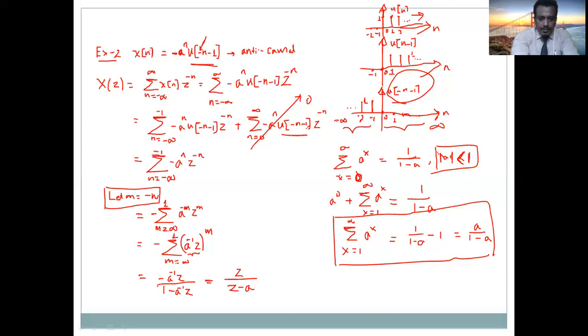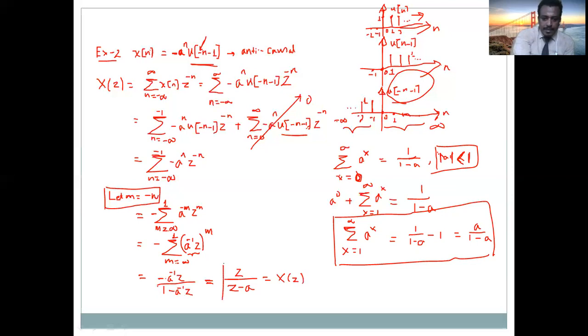You can factorize this, multiplying both sides by a, and don't forget the negative here, so we get z over z minus a. This is our Z transform, X of z.